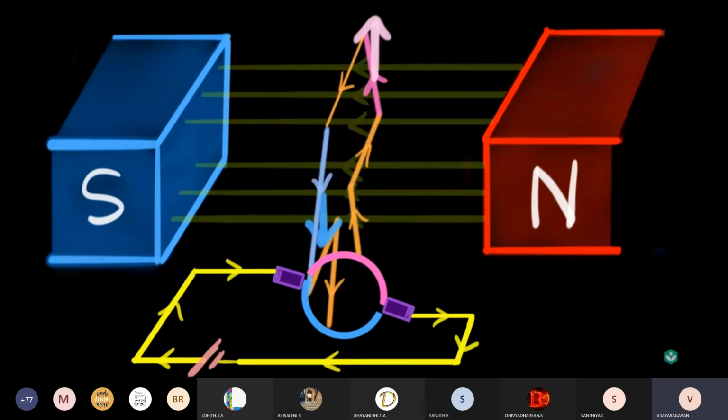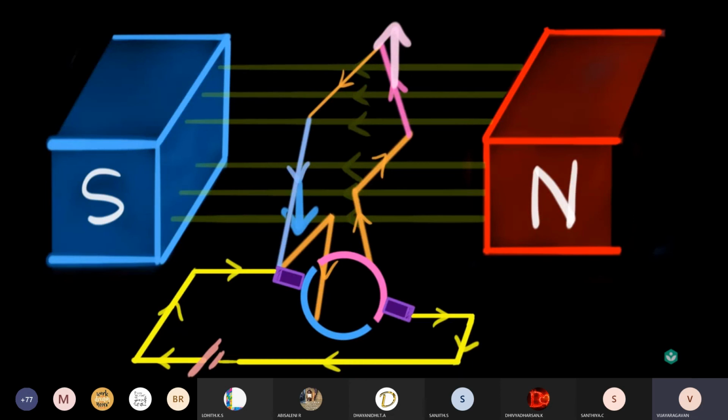Once the coil spins and comes to this position, now notice the pink ring has come in contact with this brush, the negative terminal of the battery, and the blue ring has come in contact with this brush, the positive terminal of the battery. So now notice, due to this commutator, automatically current will start flowing from here into this coil in the reverse direction, coming out from here into the negative terminal.